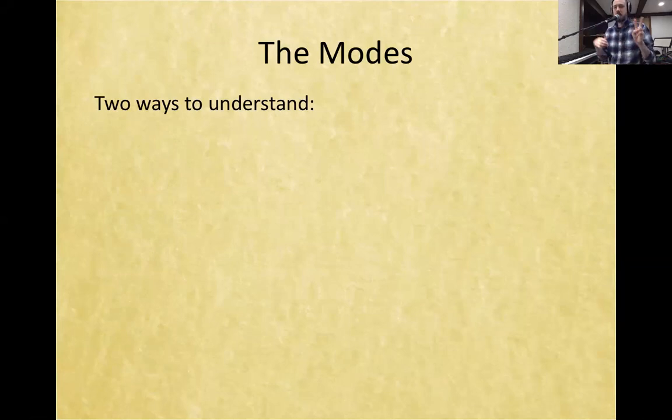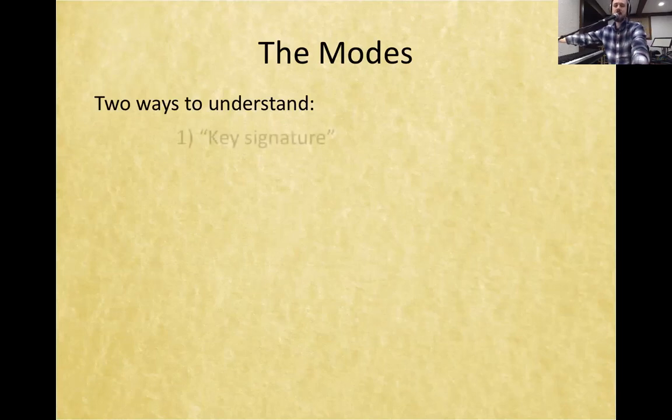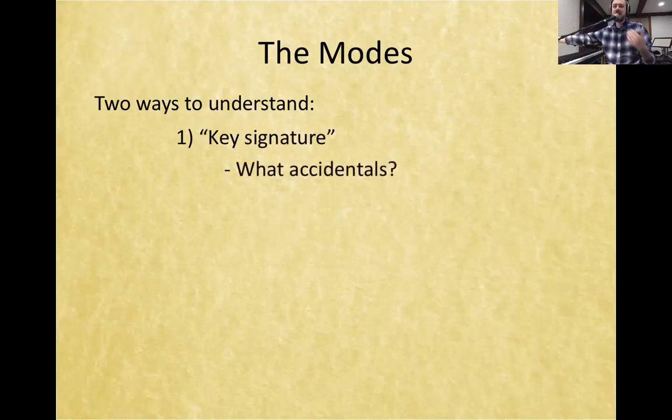We have to think about that there are really two different ways that people sometimes talk about or understand the modes. The first is what I would call the key signature approach, which is to say, what accidentals are there? In this, you'll hear people always relating the mode or a scale to a different major or minor key, by just changing the key signature.